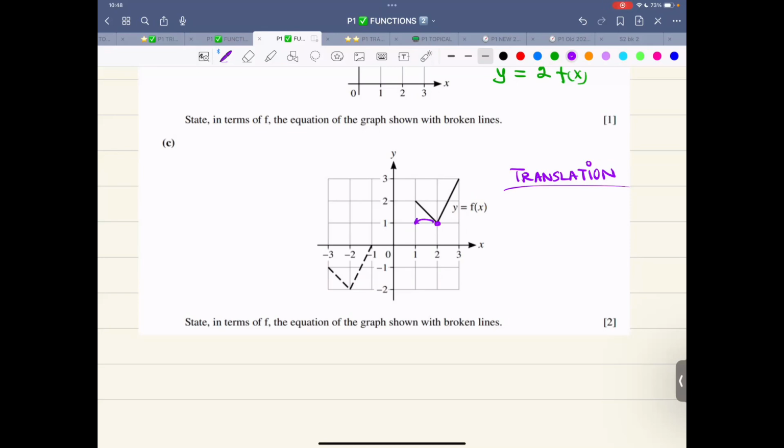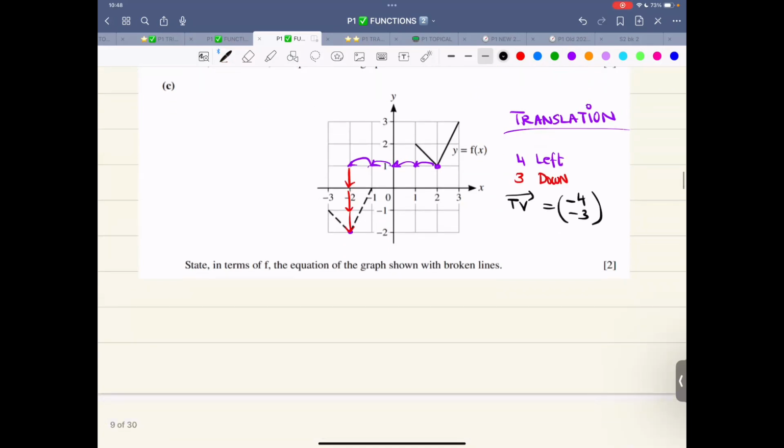First of all, from this point onwards, that is 1 and then 2 and then 3, and over here and then 4. So it's 4 units left. And then we are talking about going 1 unit down, 2 units down, 3 units down. So this is going 3 units down. That means the translation vector is (-4, -3).